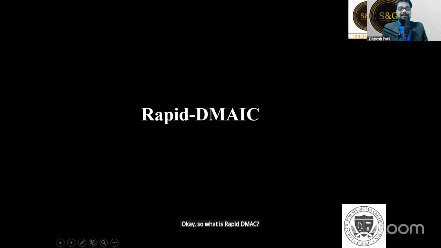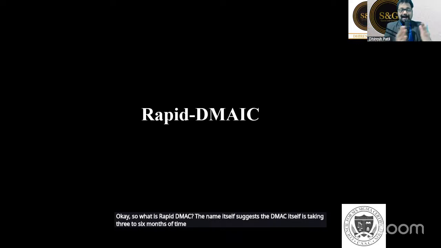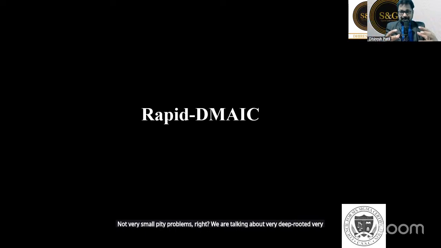So what is rapid DMAIC? The name itself suggests that DMAIC itself takes 3 to 6 months of time, and every organization may not have that much patience. Here we are dealing with complex problems, not very small, petty problems. We are talking about very deep-rooted, chronic challenges.